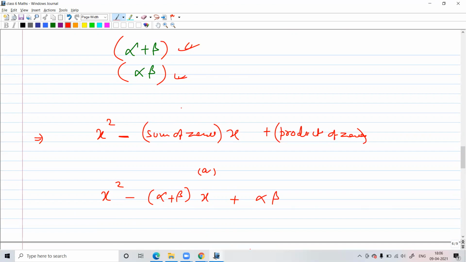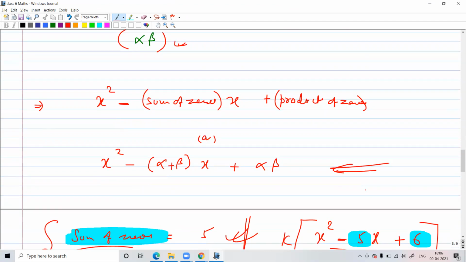Like in the example I took just now, it was 5, so it will be x square minus 5x, and then the product of zeros, which was 6, you will write over here. x square minus sum of zeros into x plus product of zeros.